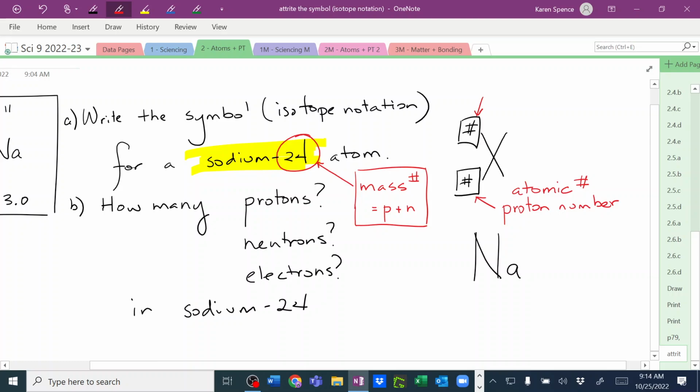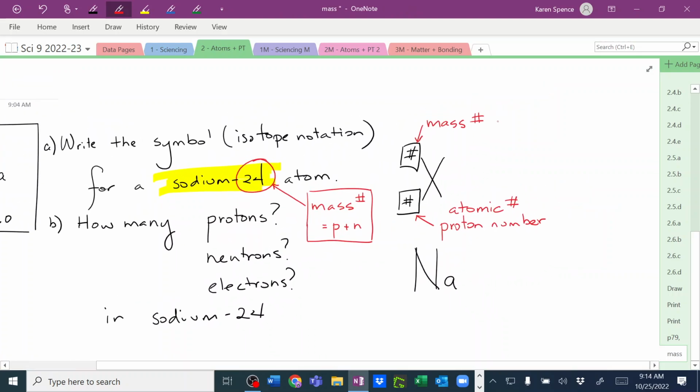Yes, the mass number. Tell your partner what the mass number is equal to. The number of neutrons and protons is the mass, yes. So that's our protons plus our neutrons.